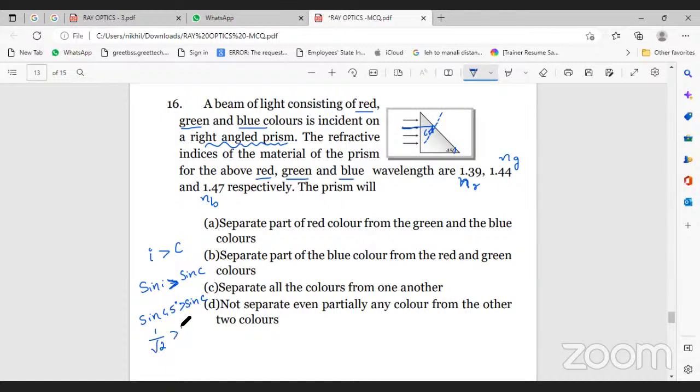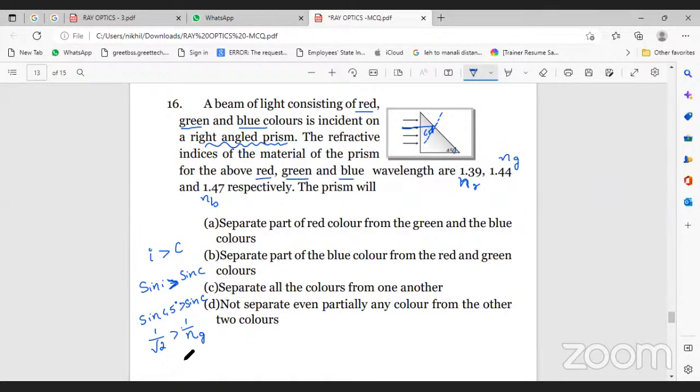1 by root 2 is more than sin C. Sin C is nothing but 1 divided by the refractive index of that glass prism.